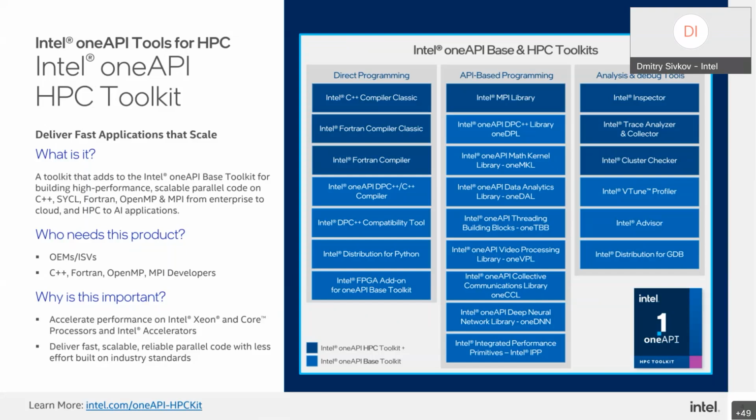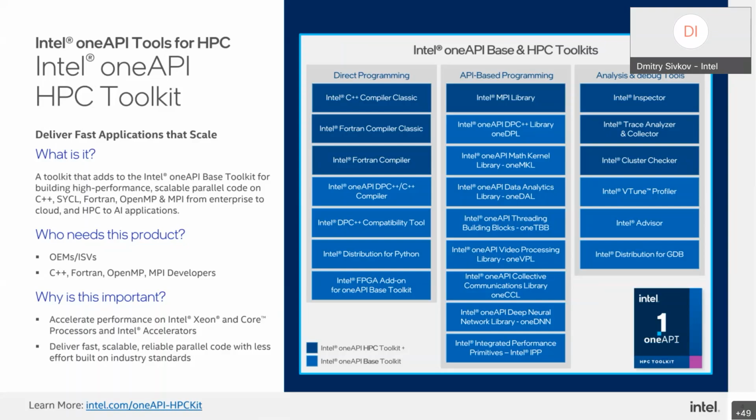This is not GPU specific, so it is usual, and we provided in the past some sessions about the MPI library, classical usage, about Trace Analyzer and Collector, and of course about Cluster Checker. So today our plan is to focus on hybrid usage of CPU and GPU in a cluster.